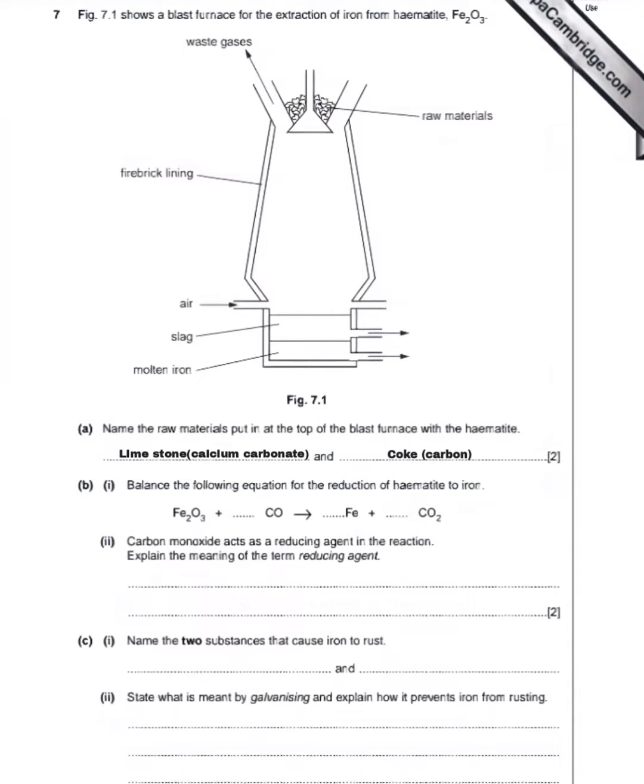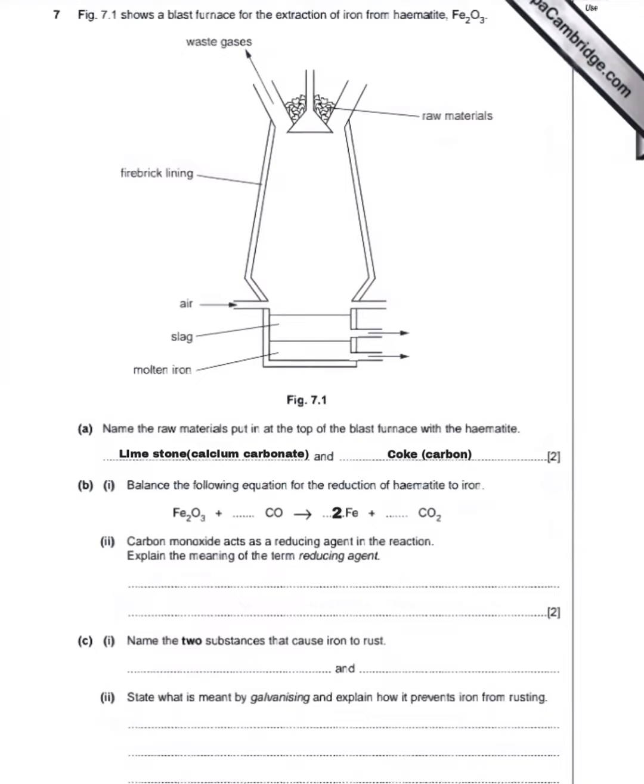On the reactants, we have 2 atoms of iron, which means for me to balance, I'm going to put 2 on the iron on the products. So I'm going to have 2 moles of iron and here 2 atoms of iron, which means this one is balanced.